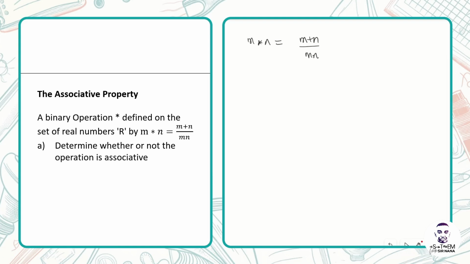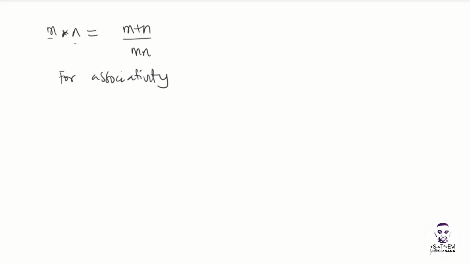Now, the question is asking us to determine whether or not the operation is associative. So in being able to determine that, you must be able to write out the law or the rule or the theory. So we say that for associativity, in this case, we are dealing with m and n. So we are going to have m operation n.